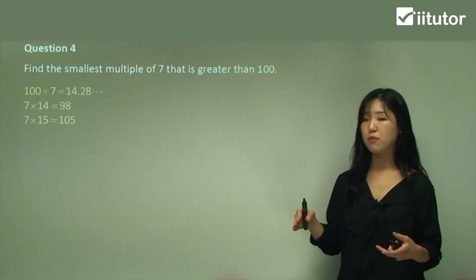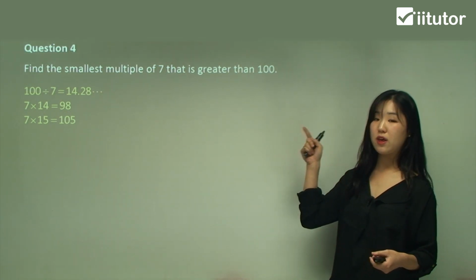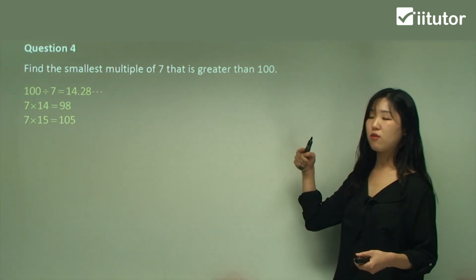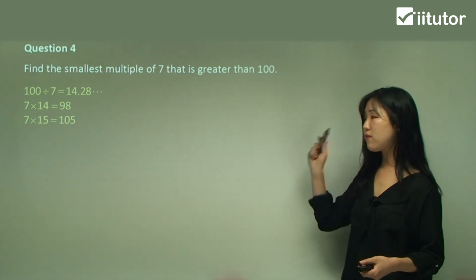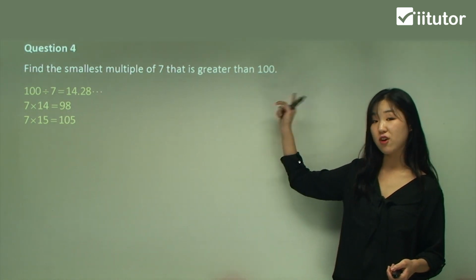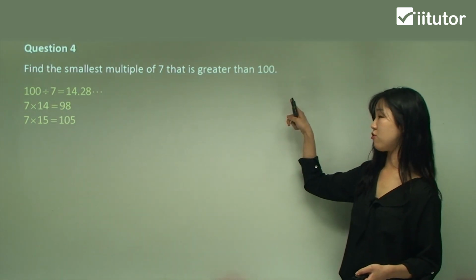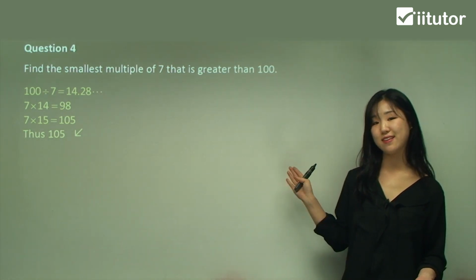We can't have decimal numbers. It's either 7 times 14, so that's the 14th multiple, or the next one right after that is the 15th multiple. So that's why I tried 15. So 15 times 7 is 105. So 105 is the first one that just exceeds 100. So 105 is the smallest multiple of 7 that just exceeds 100.